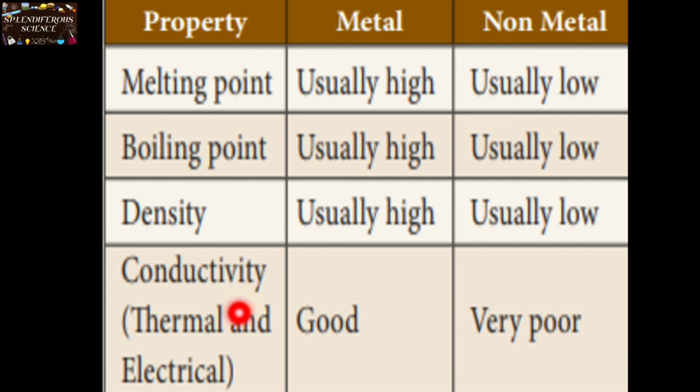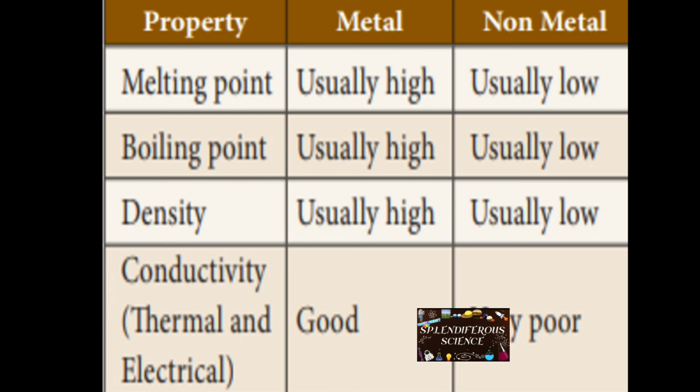Conductivity, thermal and electrical. What is conductivity? It is the ability to transmit heat, sound, and electricity. Conductivity is good in metals and very poor in non-metals. These are some of the differences between metals and non-metals.